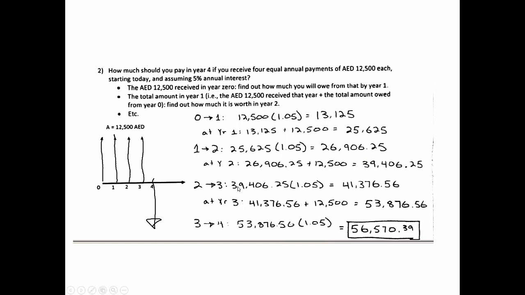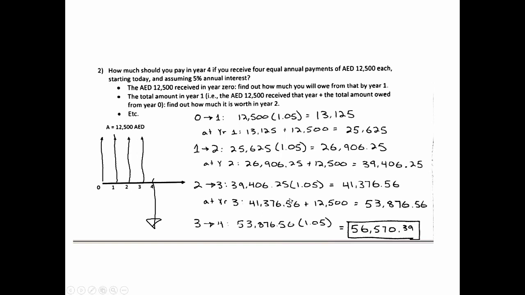But then, of course, you receive this third payment of 12,500. So now we combine the third payment of 12,500 with the balance that's accumulated so far, and the new amount that's owed is 39,406.25. The same pattern repeats itself. We have this balance, now we're in year 2, and we're moving on to year 3.